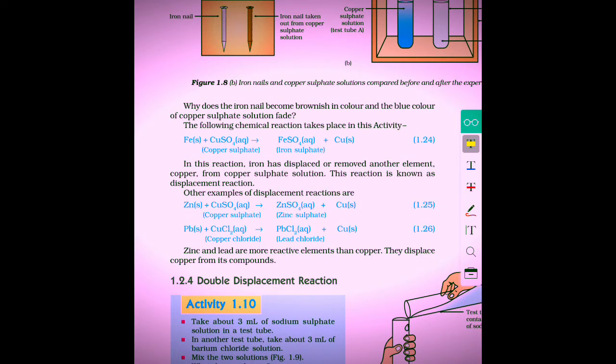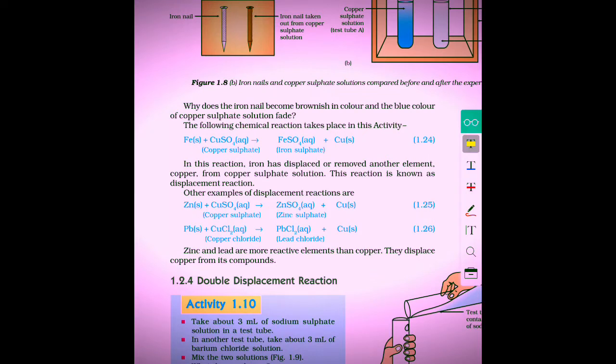Now we know that iron, that is Fe, plus CuSO4 gives FeSO4 plus Cu. In this reaction, iron has displaced or removed another element, copper, from copper sulfate solution. This reaction is known as a displacement reaction.